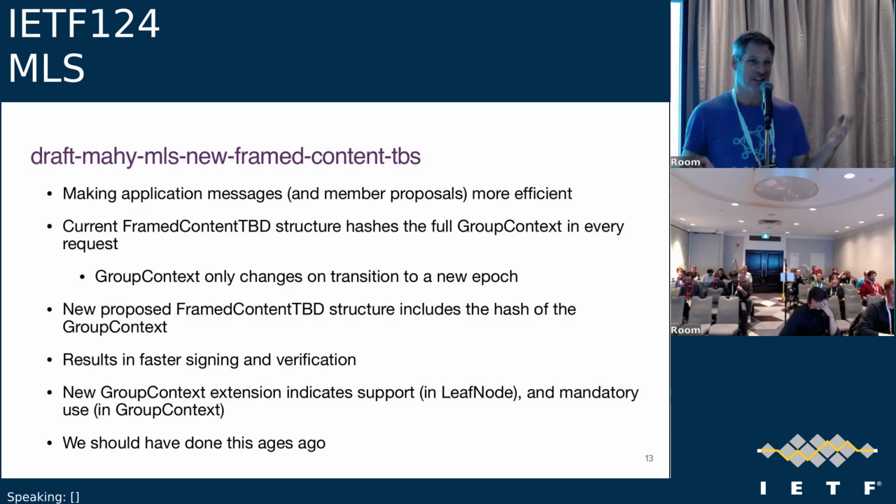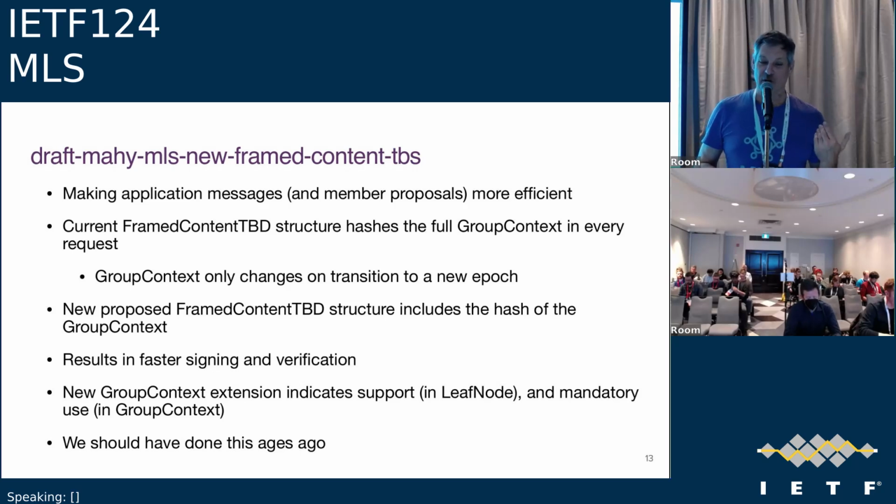We've been recently doing things with group context that make it go from kind of getting a little bit large to really pretty large. And so every time you go to send an application message, you're going to hash the full group context. That's really not necessary. The group context only changes once per epoch.